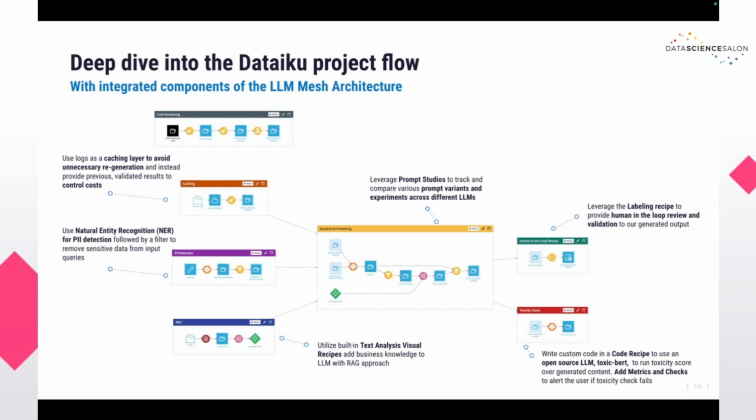We'll also show how we use the logs captured in Dataiku as a caching layer to avoid unnecessary regeneration, and then instead provide previously validated results to control cost. And then finally, we'll show how we can use those logs to monitor cost and raise additional alerts with metrics, checks, and scenarios.